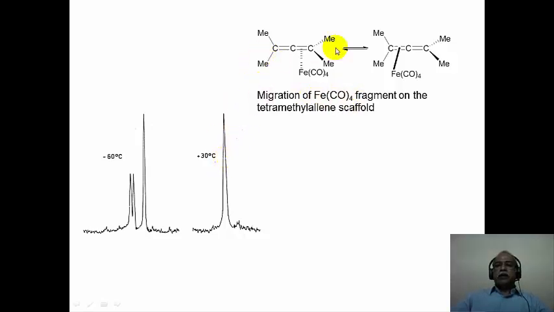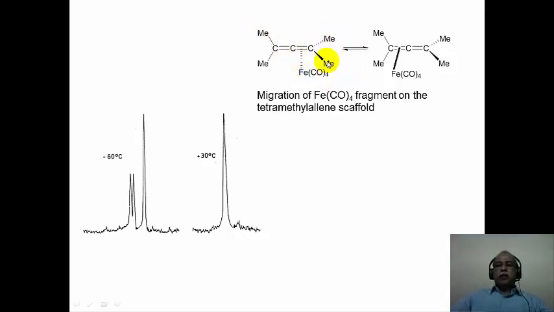On the other hand, if the rearrangement is frozen, or considerably slowed down, then it should be possible to see these 2 methyl groups as identical, chemically equivalent groups, whereas this methyl group is different from this particular methyl group, because this would be syn to the iron tetracarbonyl, whereas this would be anti to the iron tetracarbonyl.